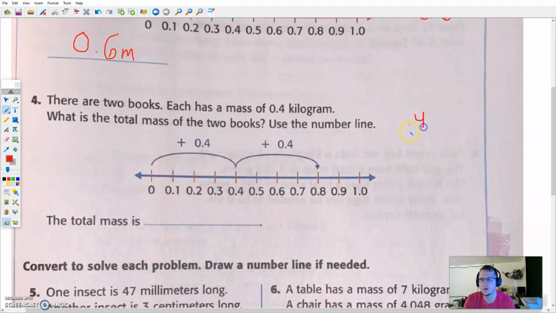Or I'm doing 4/10 plus 4/10, which gives me 8/10. So the total mass of our books is 8/10. We could draw the number line, or we could do the math. Either of those methods is going to find us the same.